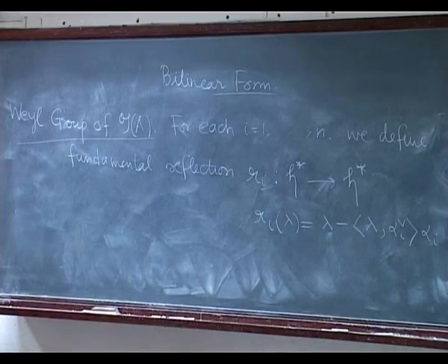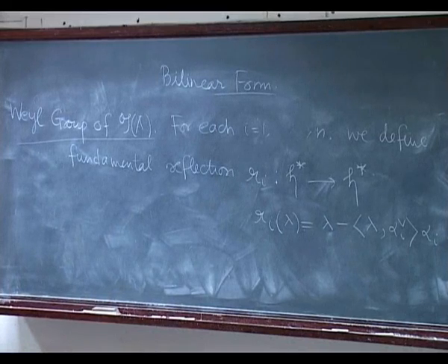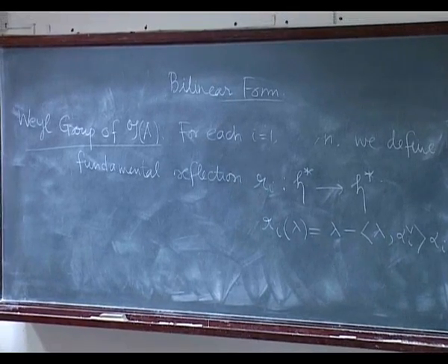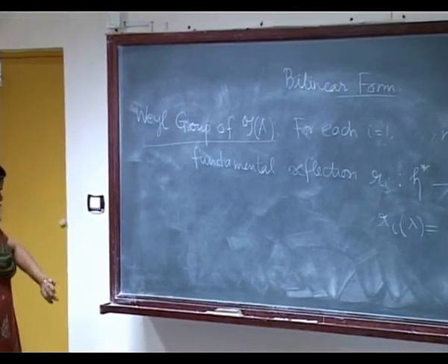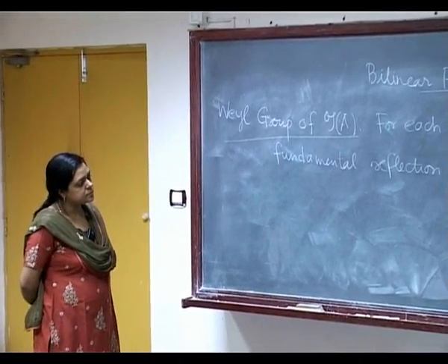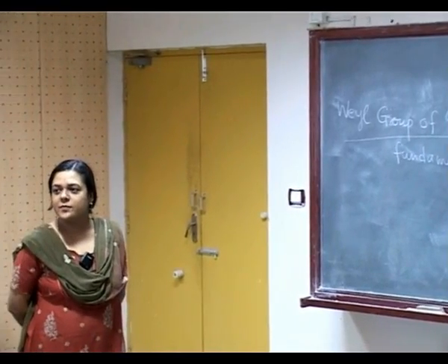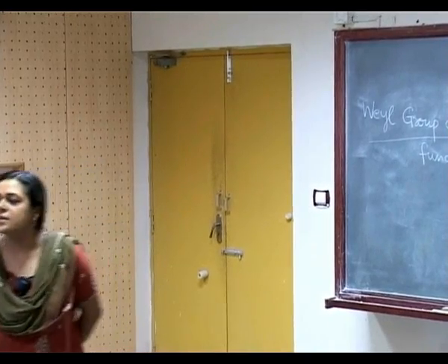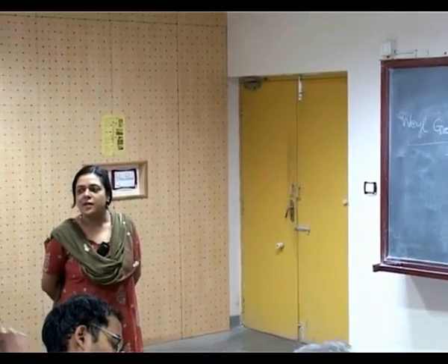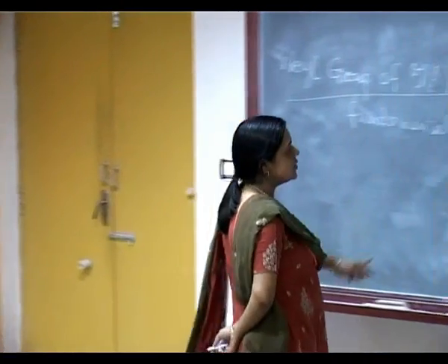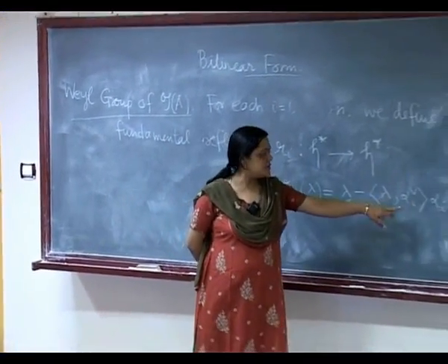Now, is it a reflection? It is taking alpha I to minus alpha I, and it will be fixing all those elements for which this is 0.